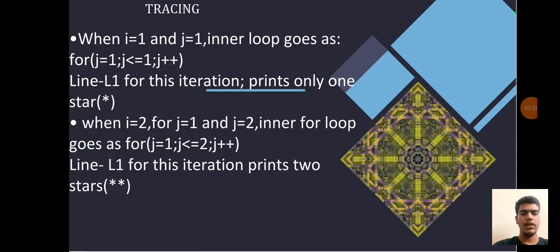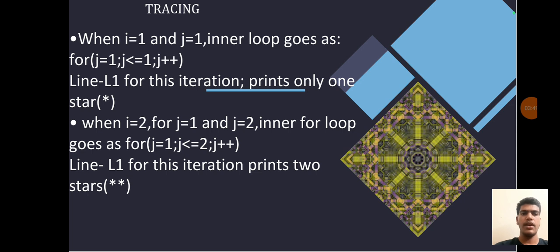So tracing. When i is equals to 1 and j is equals to 1, the inner loop goes as for j equals 1, j is lesser than or equals to 1, and then j increments. So then this line L1, what does it indicate? For this iteration, it prints only one star.